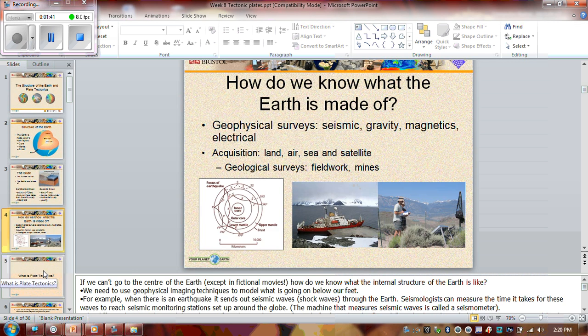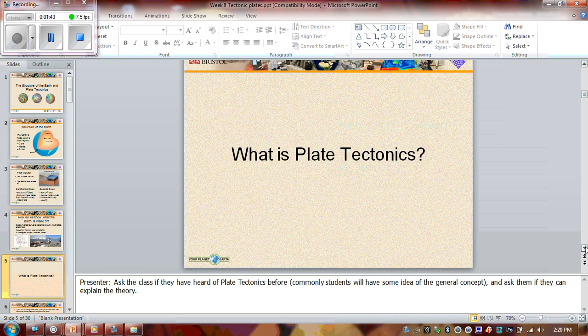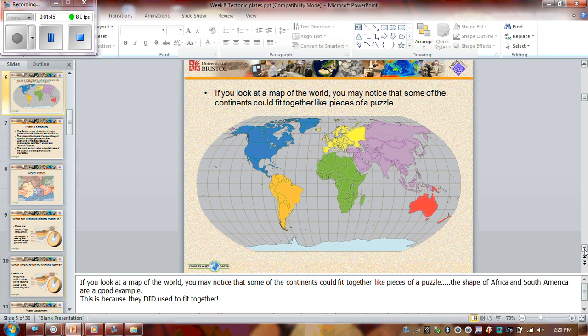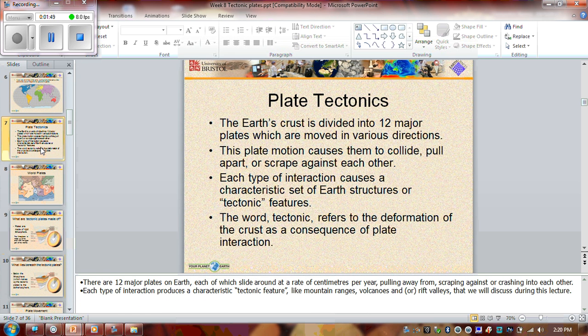Now, let's move on to what exactly plate tectonics is. If you try to visualize the brain, it is protected by our skull.